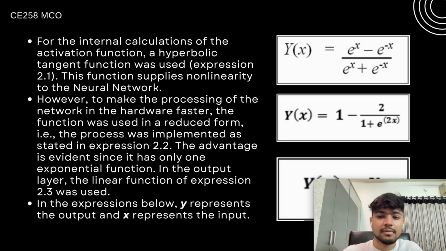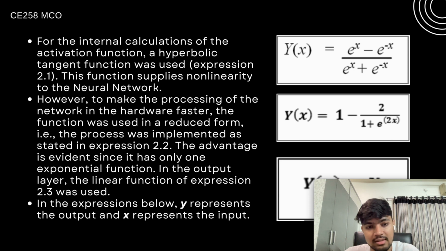So next is for internal calculations of the activation function, the hyperbolic tangent function was used. This function supplies non-linearity to the neural network, which eliminates the simple working of the system. However, to make the processing of the network in the hardware faster, the function was used in the reduced form, which is the second image. The process was implemented as stated in expression 2.2.